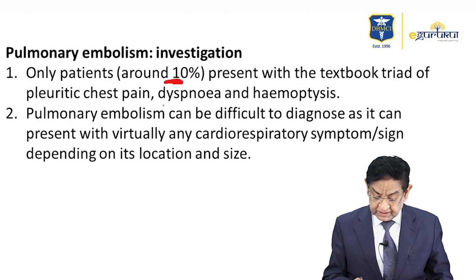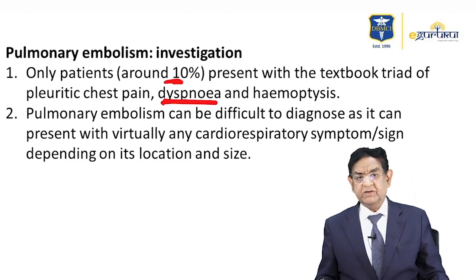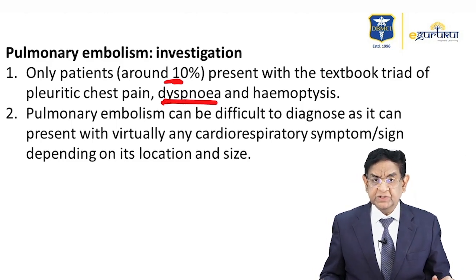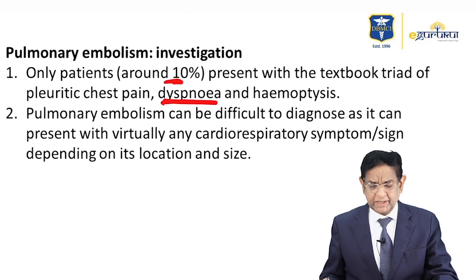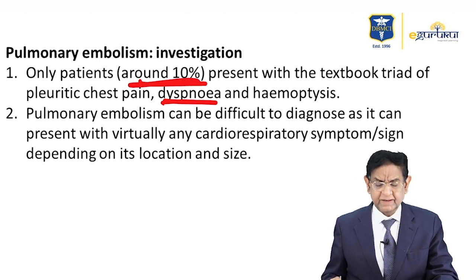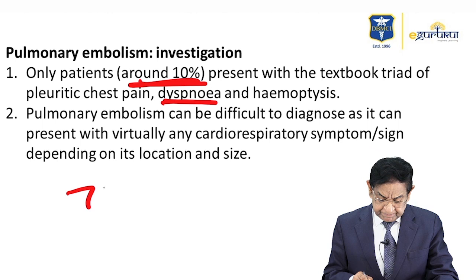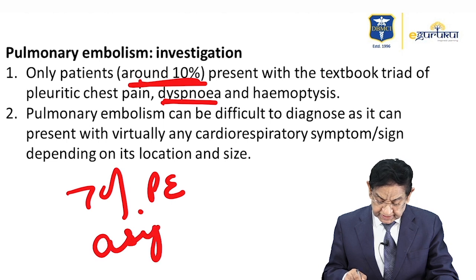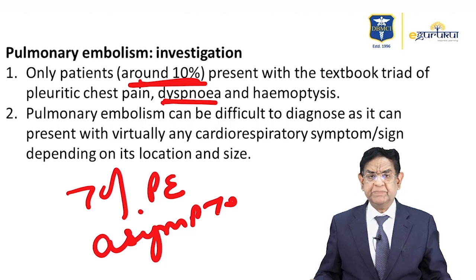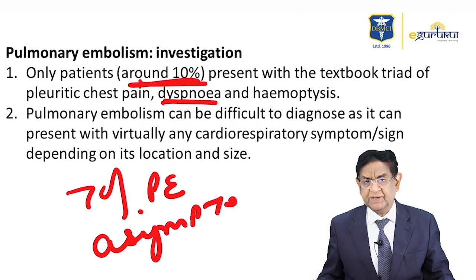Of course, sudden onset of dyspnea is a very common presentation. Point to be noted, why it is so important. Remember, 70% cases of pulmonary embolism are asymptomatic. 70% is a big percentage. Patients have no symptom at all.